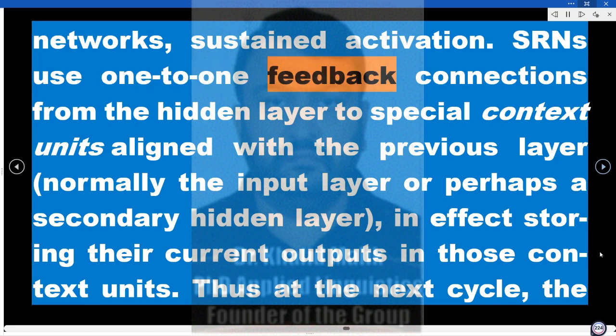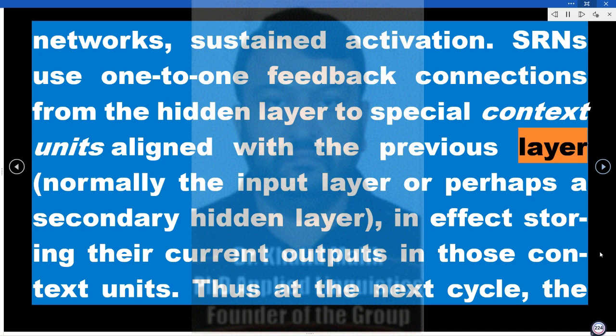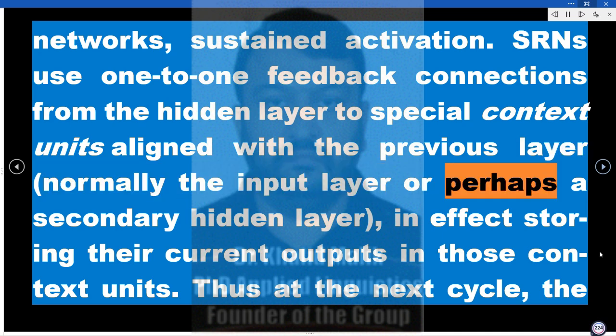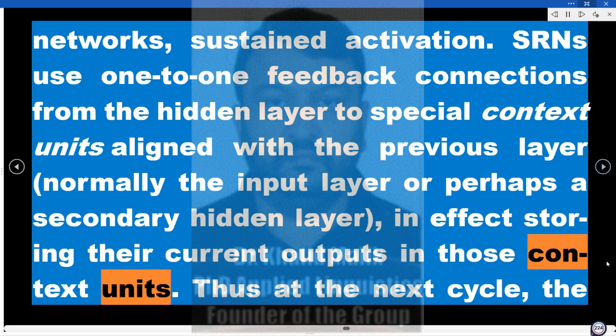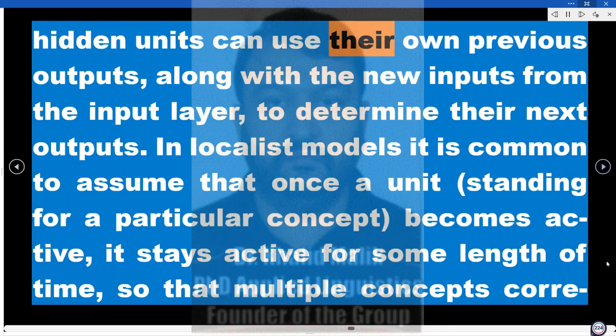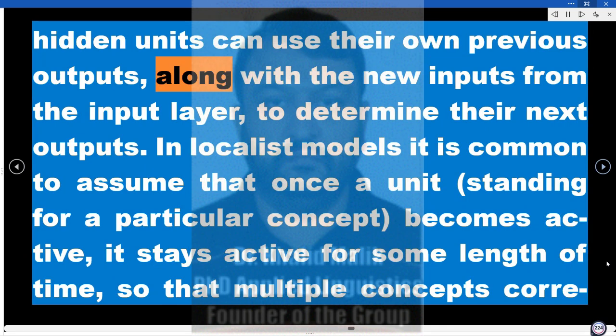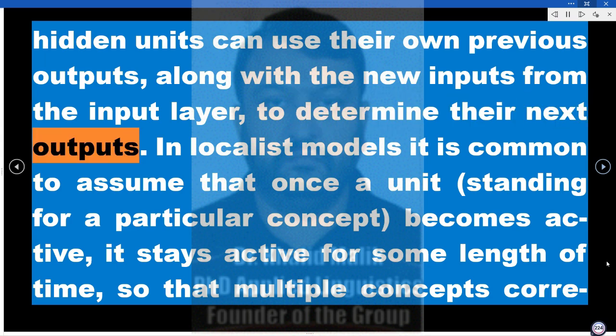SRNs use one-to-one feedback connections from the hidden layer to special context units aligned with the previous layer, normally the input layer or perhaps a secondary hidden layer, in effect storing their current outputs in those context units. Thus at the next cycle, the hidden units can use their own previous outputs, along with the new inputs from the input layer, to determine their next outputs.